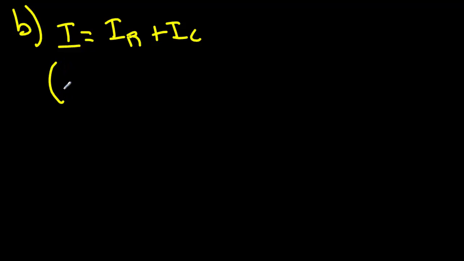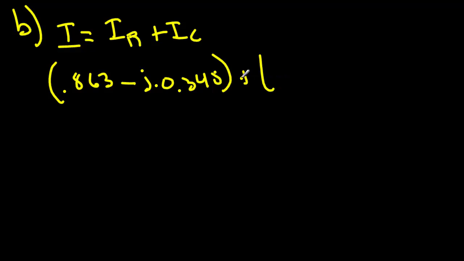So we have 0.863 minus j times 0.345 plus 0.137 plus j times 0.345.